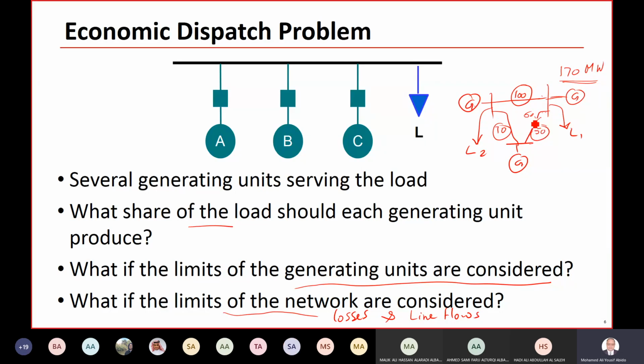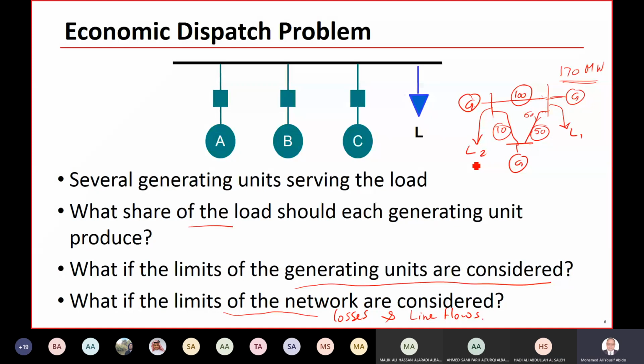So you have to observe this also. This is what we mean by the network constraints, losses and the line flows. This will lead us to the problem that we discussed earlier, which is called power system security. If you do dispatch as such, would the system be secure or not?